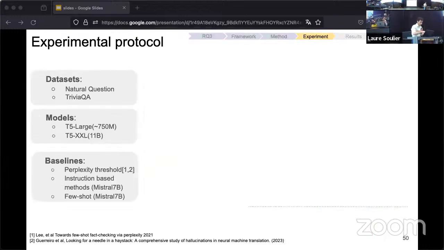So there are various works, like the project and the second one, that compare their model with the perplexity threshold, and they show that it's still a strong baseline, in the sense that the likelihood is a good proxy of whether or not the model is confident about the answer.